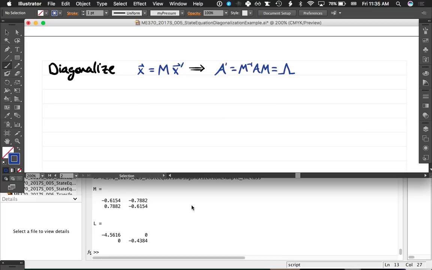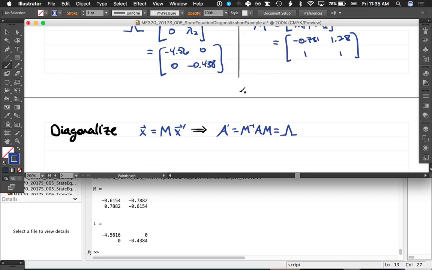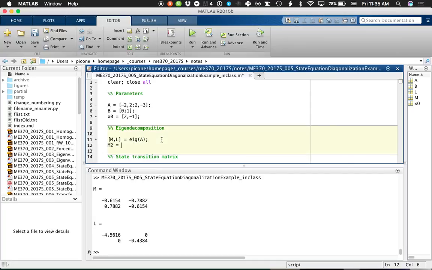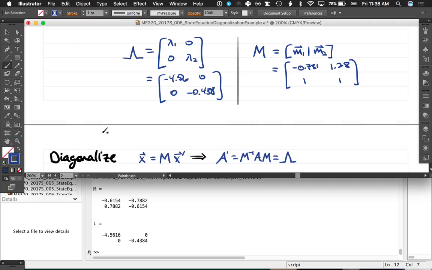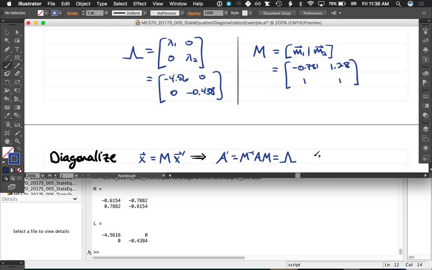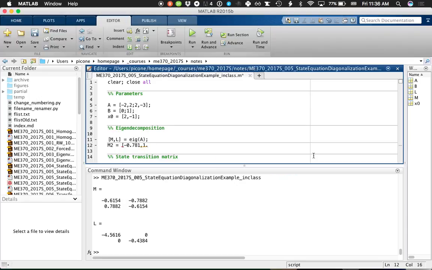We're going to define an M2 here. M2 equals what our eigenvector matrix came out to be, which was negative 0.781, and the next one over, 1.28, and then the second row is just ones.